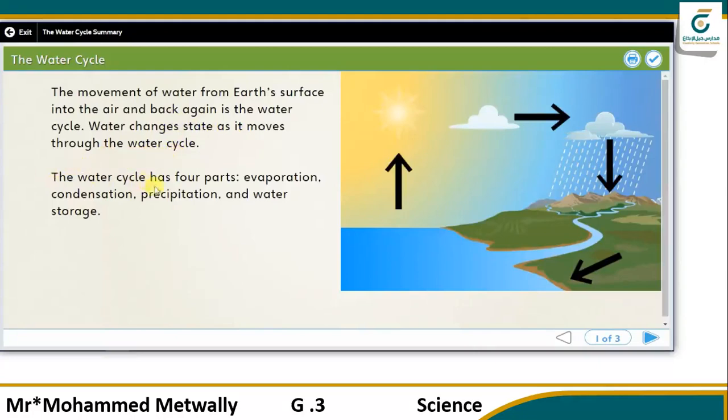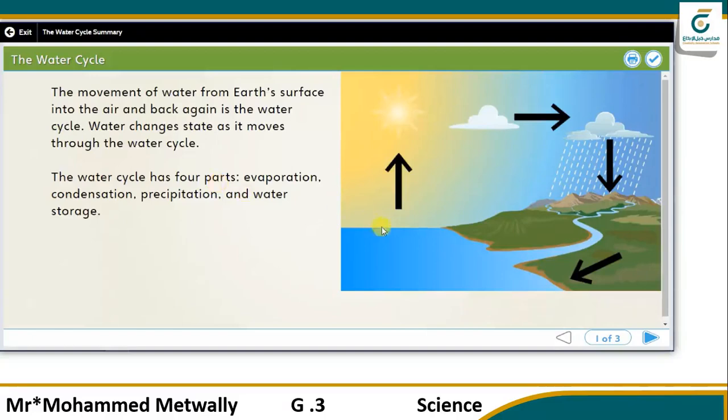The water cycle has 4 parts. The 4 parts here are represented in the form of evaporation, condensation, precipitation, and storage.